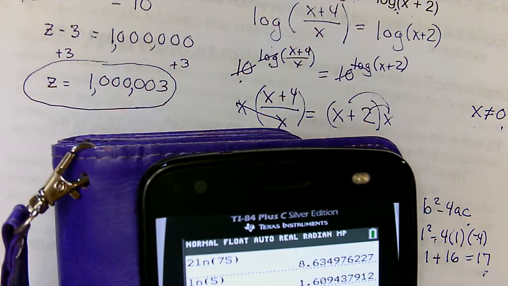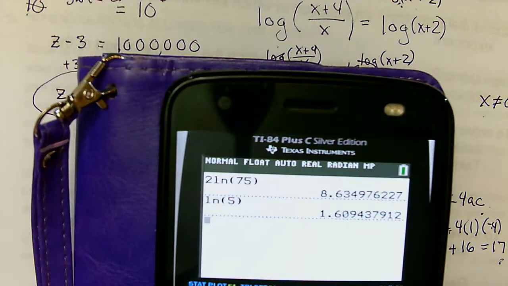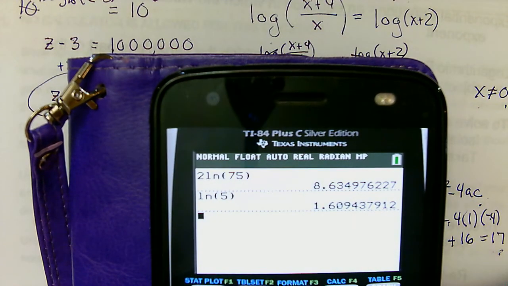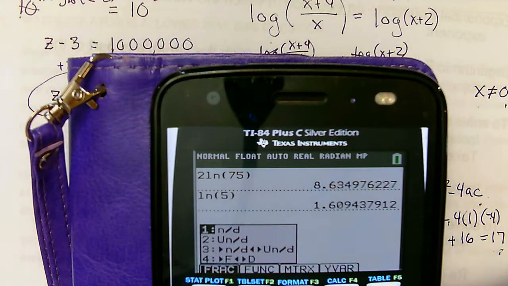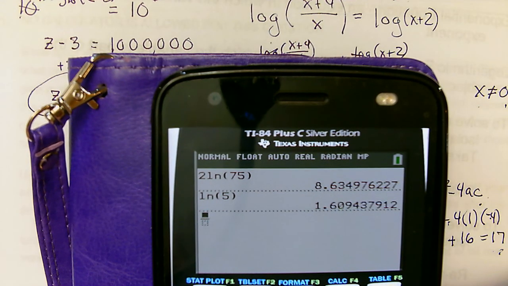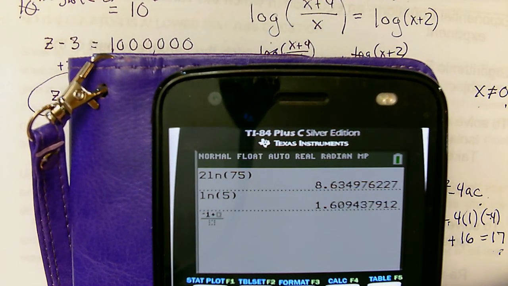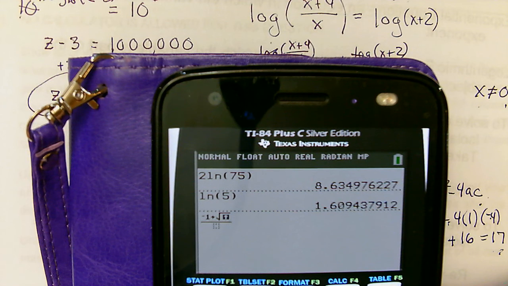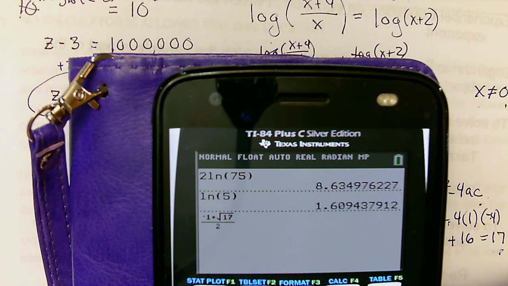So my number was, I'm going to use the fraction template, negative 1 plus the square root of 17 over 2. And I'm going to store that into x.